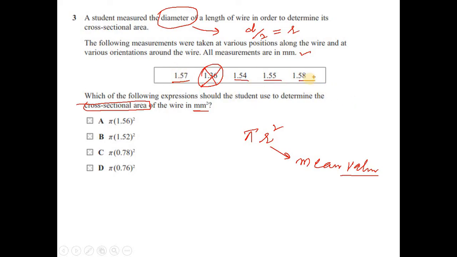The sum of these four numbers divided by 4 gives the mean diameter, and the mean diameter divided by 2 gives the radius. I'm leaving the calculation for you. So r will be 0.78. That means the cross-sectional area of the wire will be pi times 0.78 squared. So option is C.